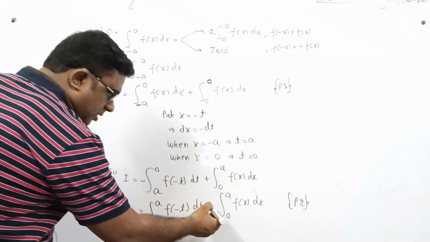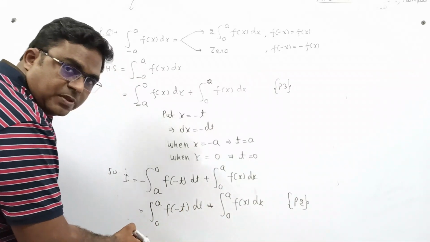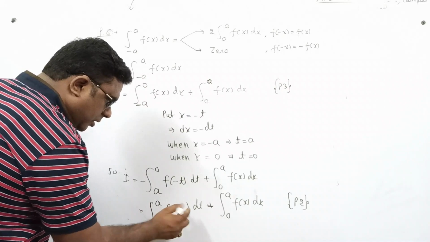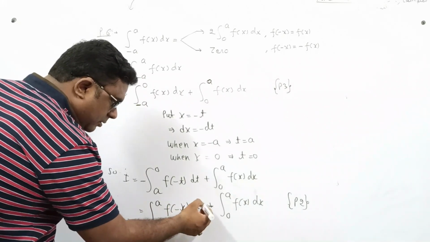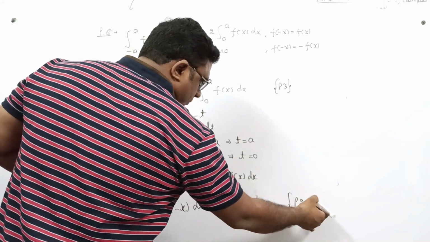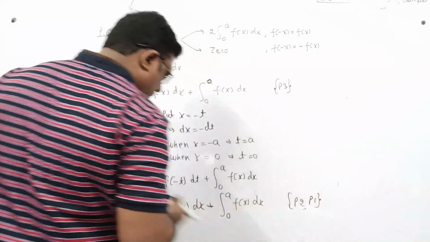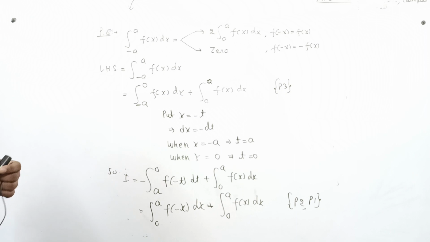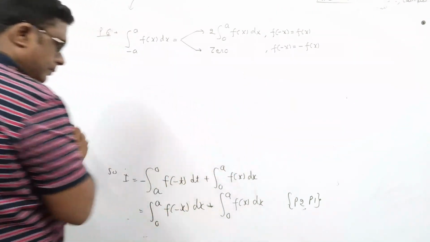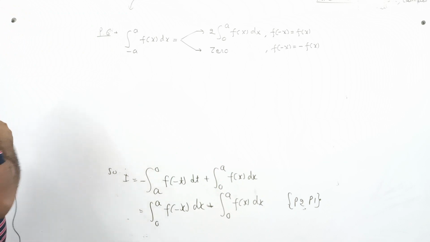All other things will remain same. So it will become 0 to a f(minus x) dx. Now after this, we will have to solve this under two different cases. Case first.